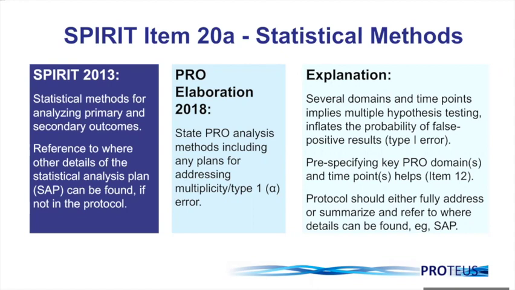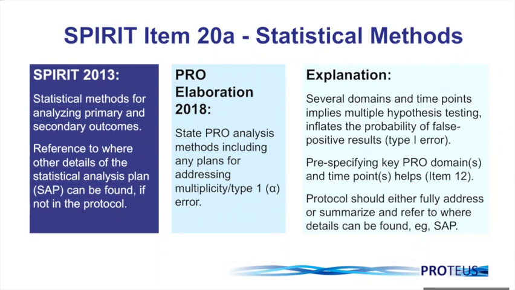In addition to that, we typically assess at multiple time points. So this leads to a very complex set of analyses and hypotheses, and that's why we talk about multiple hypothesis testing, or just for short, multiplicity. And this multiplicity, in turn, inflates the probability of false positive results, or a type 1 error, or an alpha error.